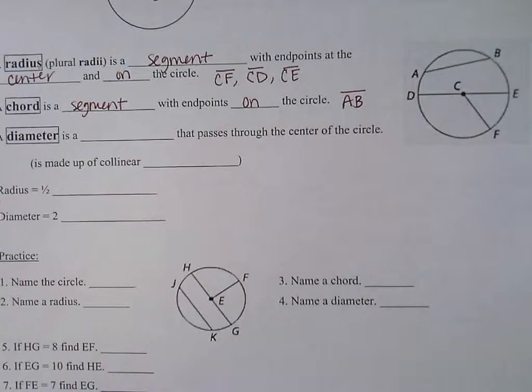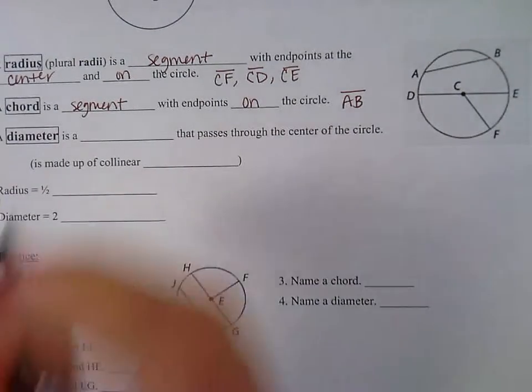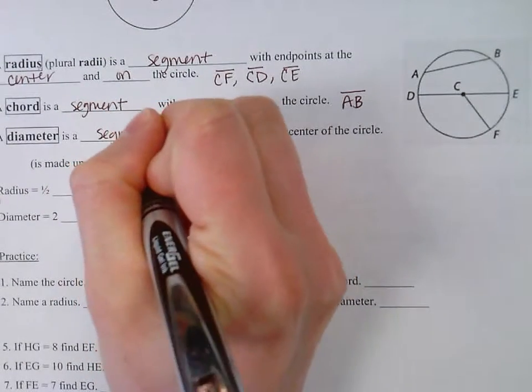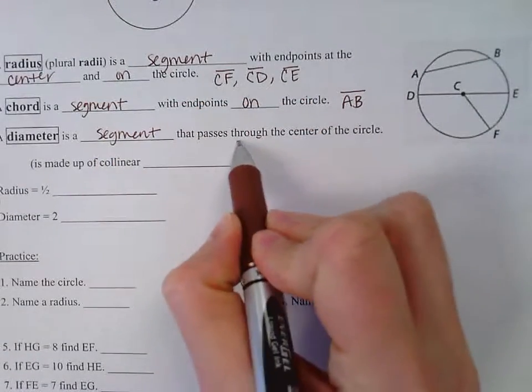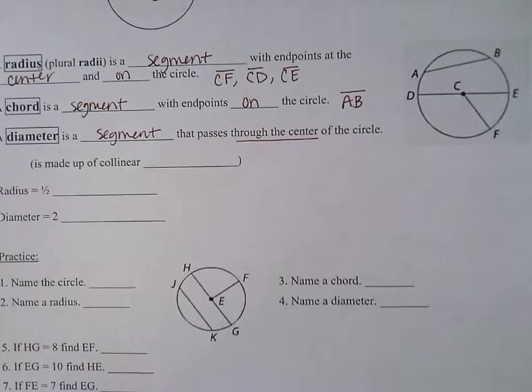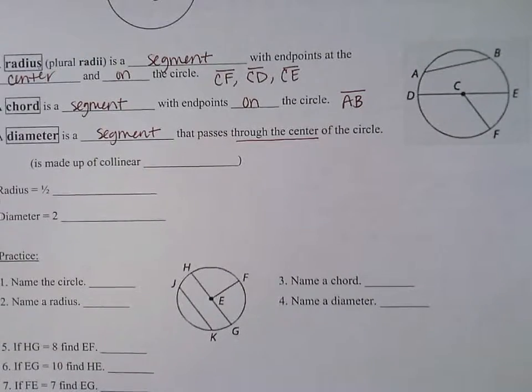And then last we have a diameter, which is a segment that passes through the center of the circle. That's how a diameter is different from just a chord. The diameter actually goes through the center, a chord does not.